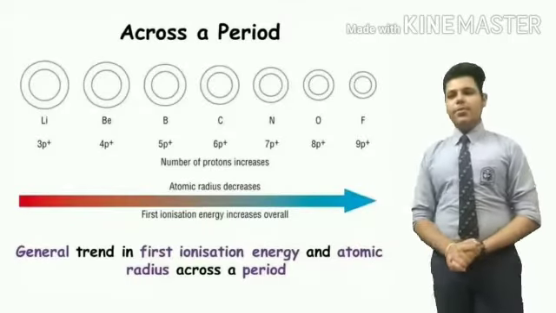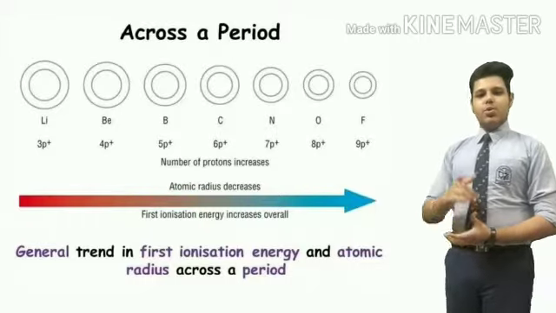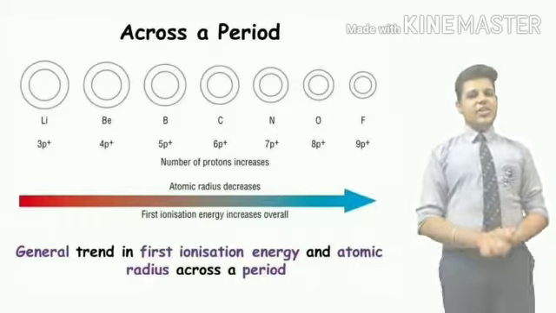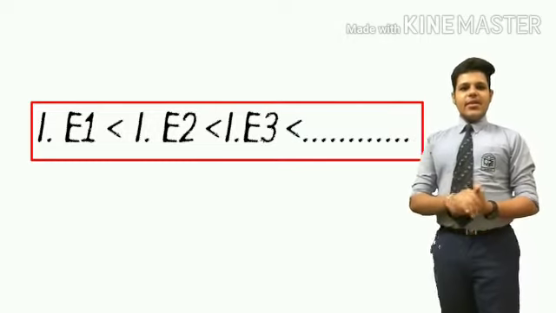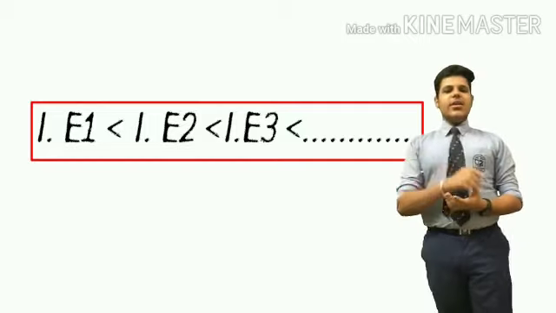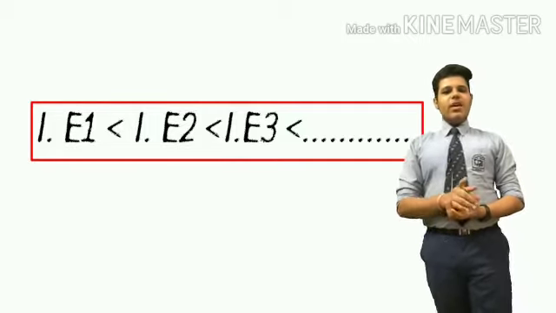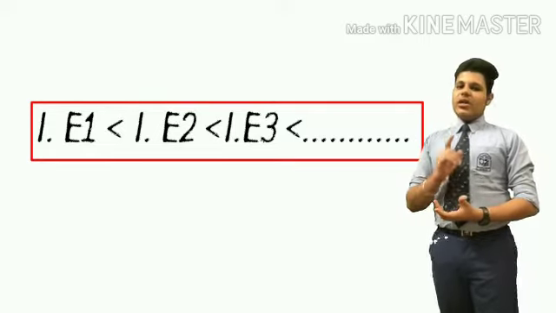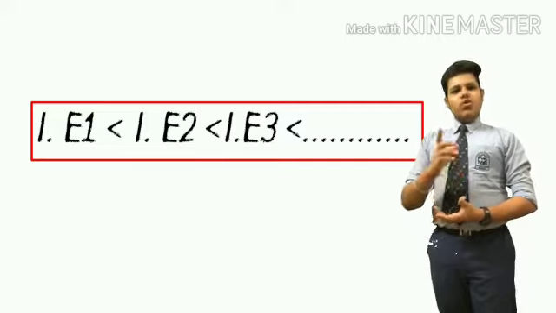We know when we move from left to right in a period, atomic size decreases, due to which ionization energy increases. And right now we see that a cation is always smaller than the neutral atom. Since the cations are always smaller, whenever we remove one electron, the size for IE2 is smaller and the size for IE3 is smaller still.